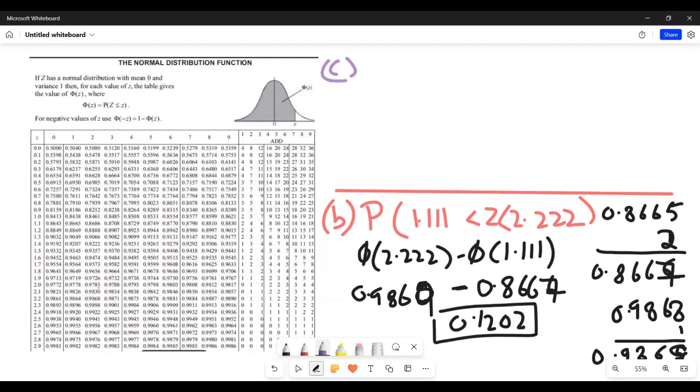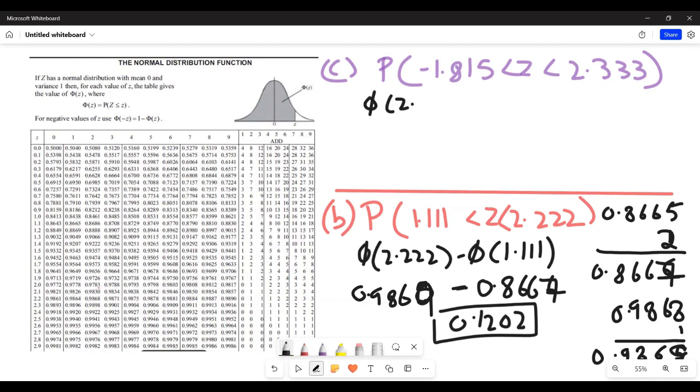Part C, probability Z is in between negative 1.815 and 2.333. Okay. So it's going to be phi 2.333 minus, sorry, plus phi 1.815 and minus 1.